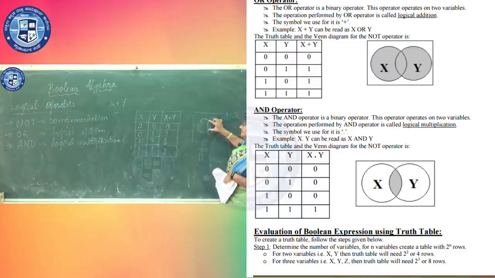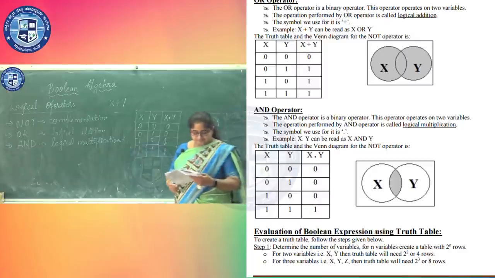Only this much part is considered. Not these, because it is having only x values here and it is not having any y value. So the part wherein it intersects, the x values and the y values both are there, and that part has been the result of x into y.